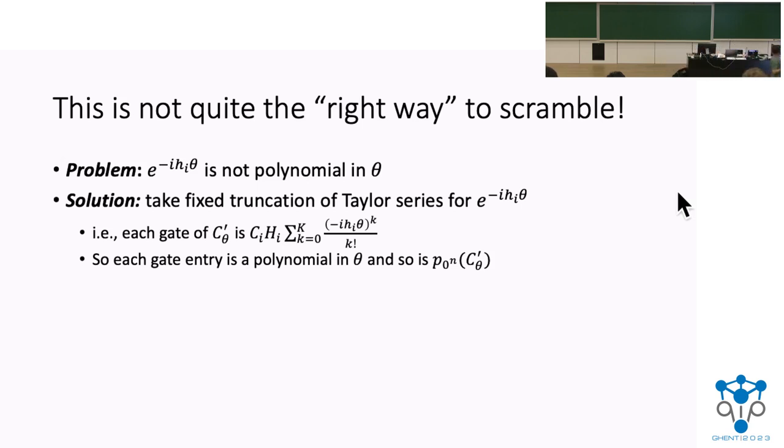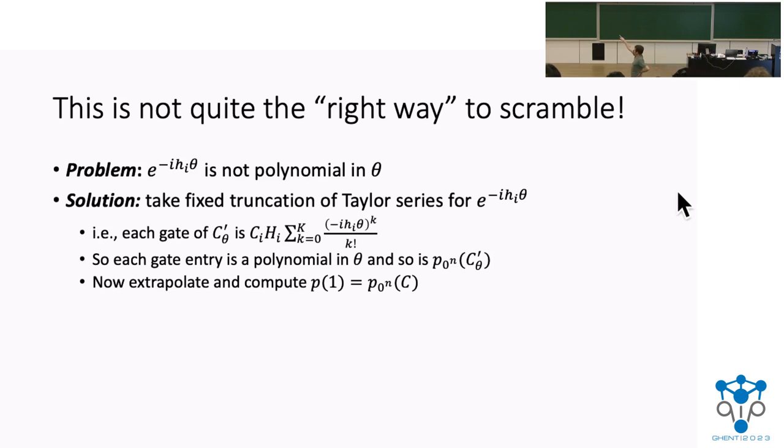And then by the Feynman path integral, all we're doing is writing the output amplitude as a sum over products of the gate entries, right? So because of that, the output probability also becomes a polynomial in theta, okay? So the whole point is we now take more points than the degree. The degree is like 2m.